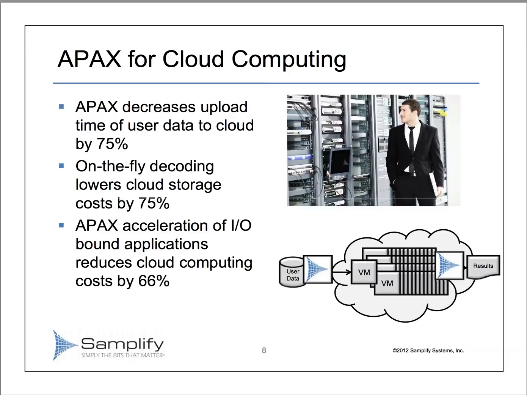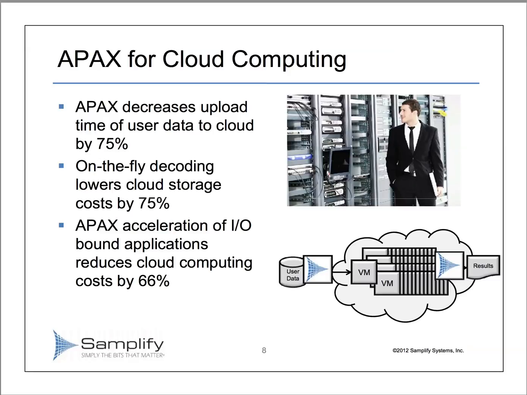In addition, our APAX technology allows that data to be decoded on the fly while the computations are being performed on each of those virtual servers sitting on the cloud. And so we reduce storage costs by 75% with that same 4 to 1 encoding. And also, compute applications on the cloud are really inherently I/O bound. Cloud computing data centers don't use 40 gigabit InfiniBand like all the supercomputing data centers use.